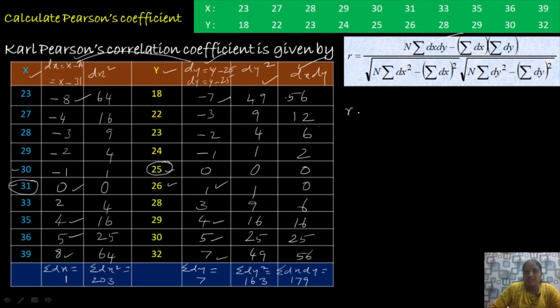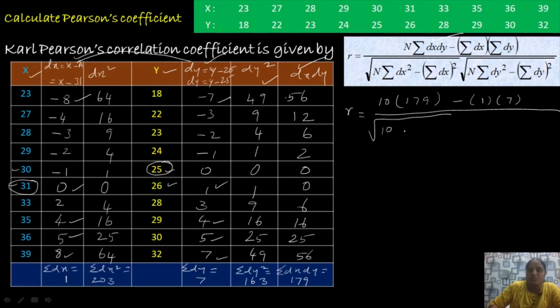R is equal to n sigma dx dy minus sigma dx sigma dy, whole divided by square root of n sigma dx square minus sigma dx whole square, times square root of n sigma dy square minus sigma dy whole square. N is the number of pairs of observations. Since we have 10 pairs of observations, that is 1, 2, 3, 4, 5, 6, 7, 8, 9, 10, n is 10. Sigma dx dy is 179, sigma dx is 1 and sigma dy is 7.